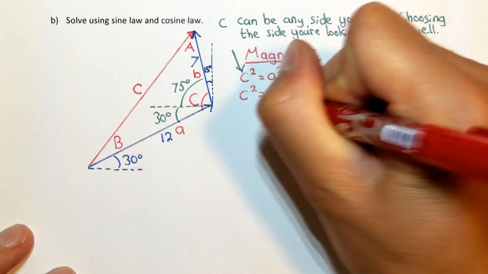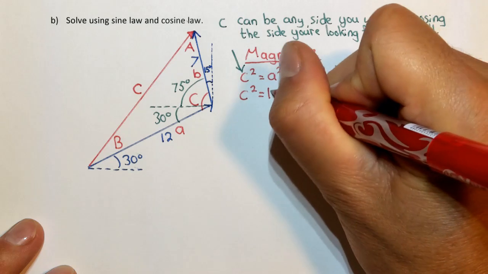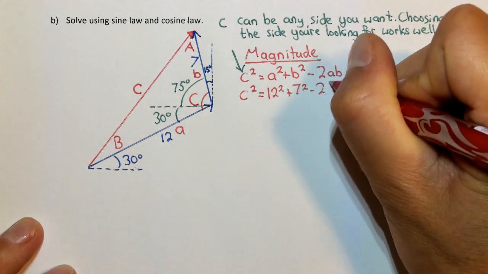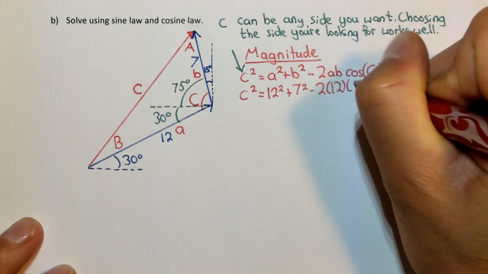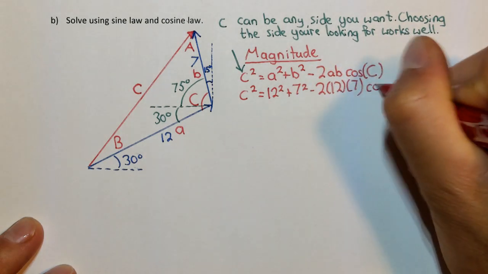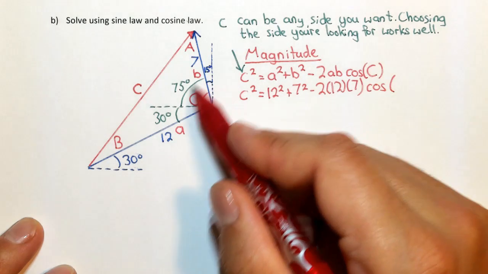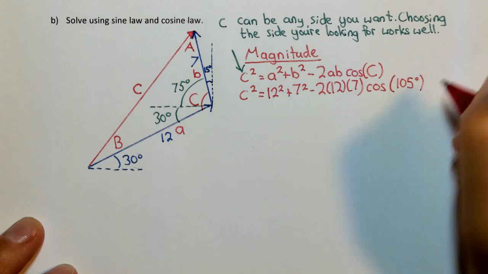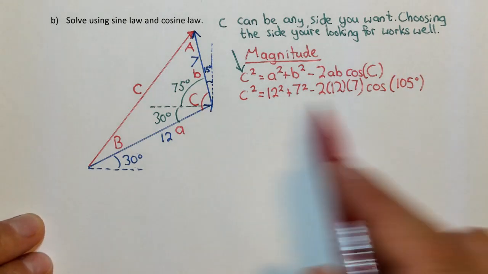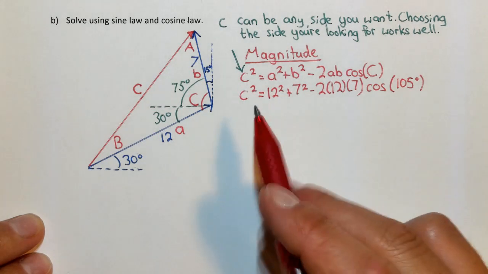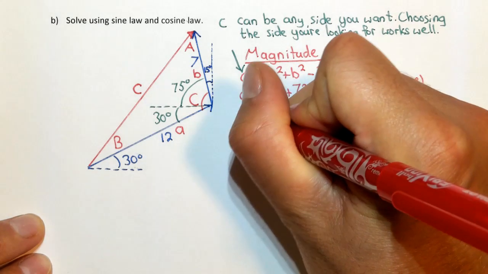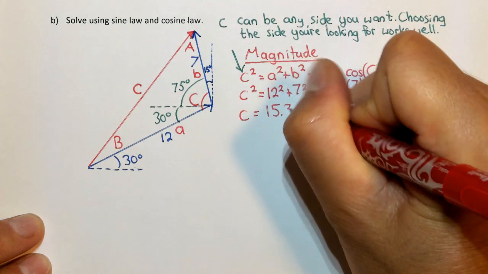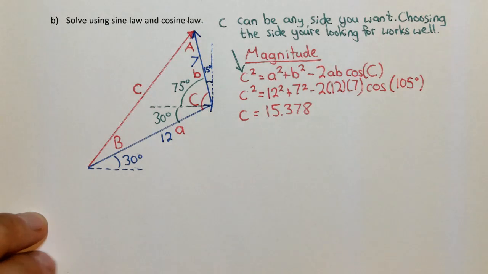So c squared equals 12 squared plus 7 squared minus 2 times 12 times 7 times cosine of 105 degrees. I plug all that in and then take the square root to isolate c, and I should get c equals 15.378.